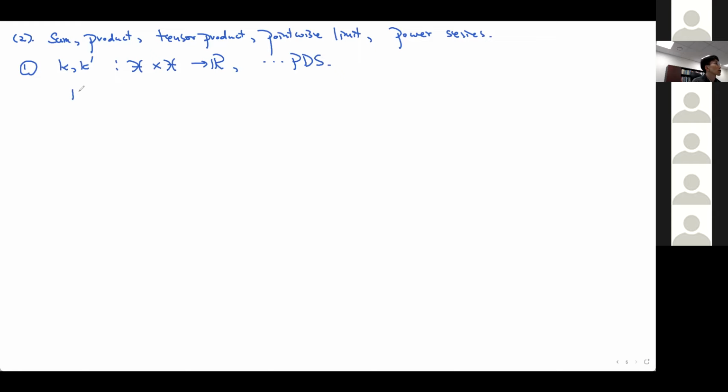The sum is a new kernel obtained by the summing operation: if we plug in x and x prime, you have to return a real number, and what it computes is K of x, x prime plus K prime of x, x prime. For the product, K times K prime at x and x prime, it just takes the product.